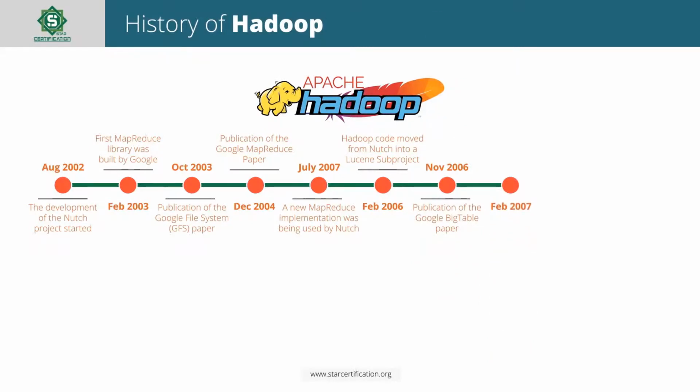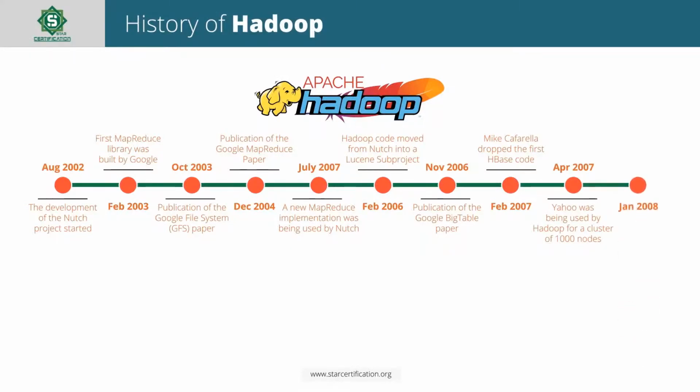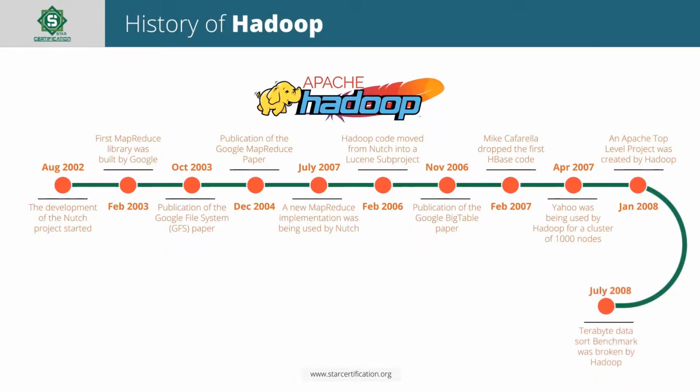February 2007, Mike Cafarella dropped the first HBase code. April 2007, Yahoo was using Hadoop for a cluster of 1,000 nodes. January 2008, an Apache top-level project was created by Hadoop. July 2008, terabyte data store benchmark was broken by Hadoop.